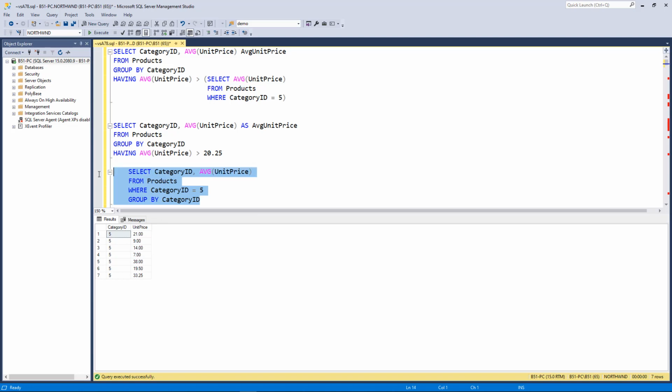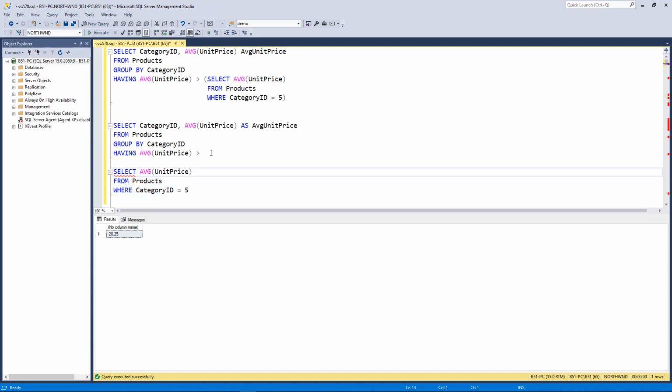Now let's run this, and we have the average 20.25. This is the average we want. We don't need to write the category ID because we know it's filtered by only one category ID, so we can erase it, and the GROUP BY. And instead of this value, when running the subquery, we get this value.